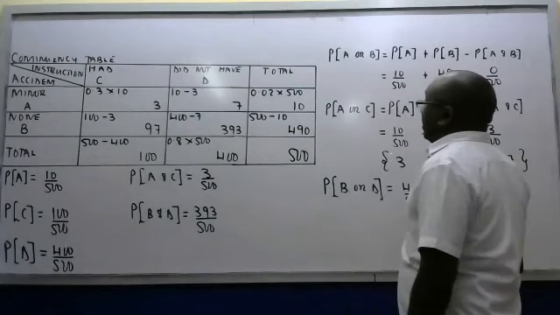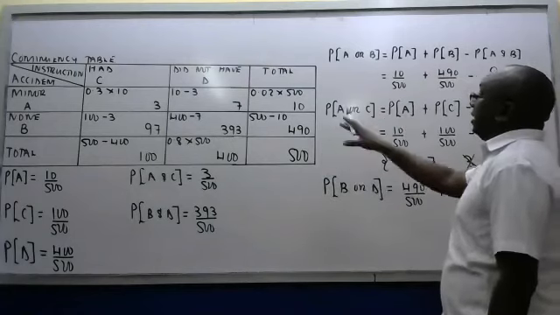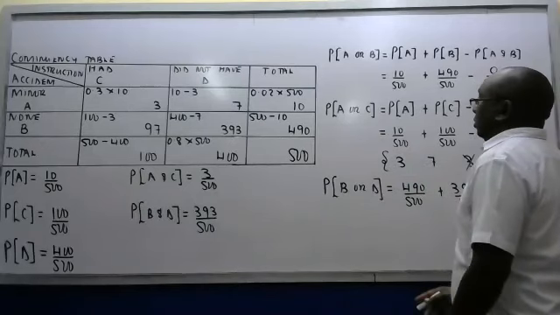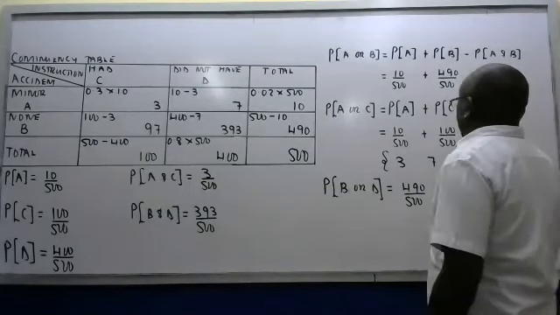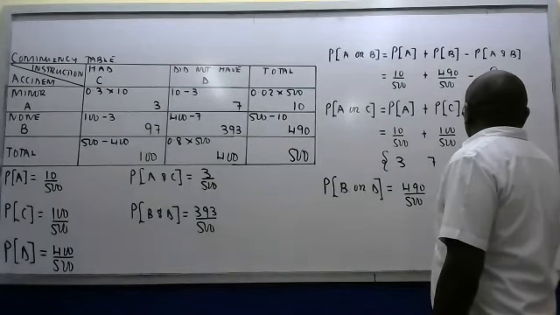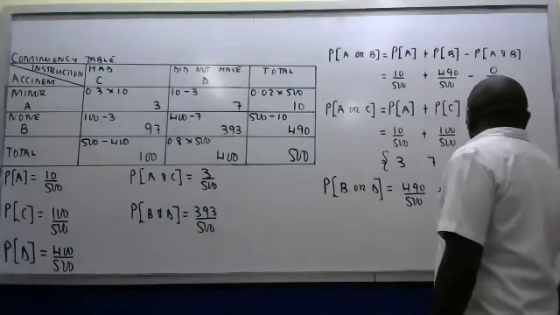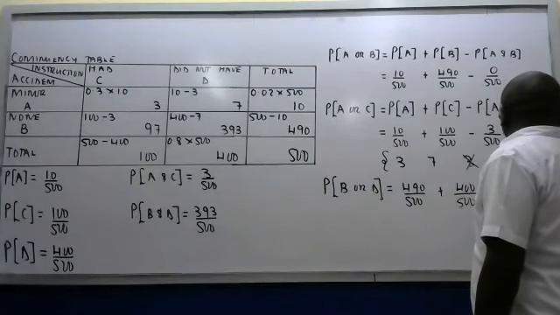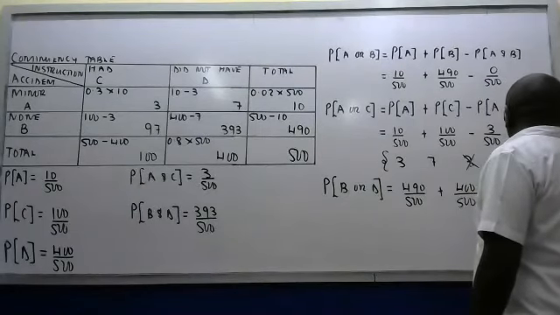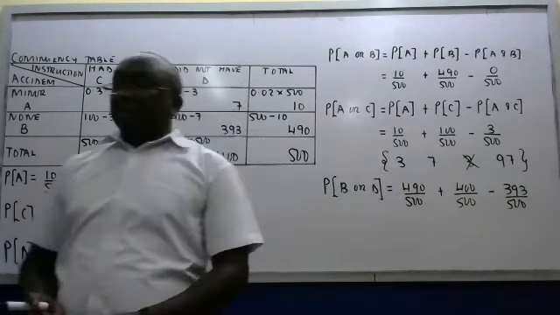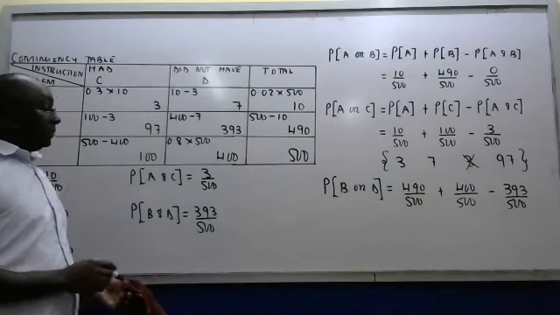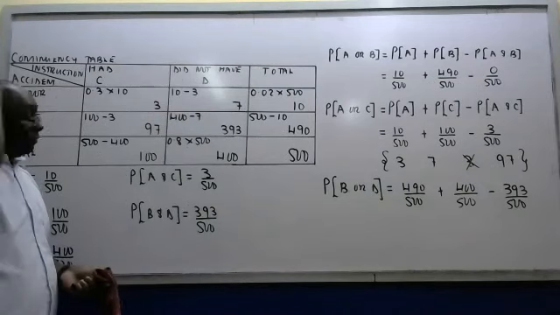Then you minus the intersection. The intersection of B and D is 393, so 393 is what I should subtract here, 393 out of 500.